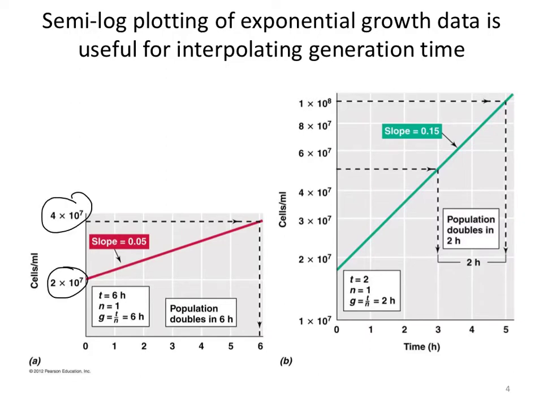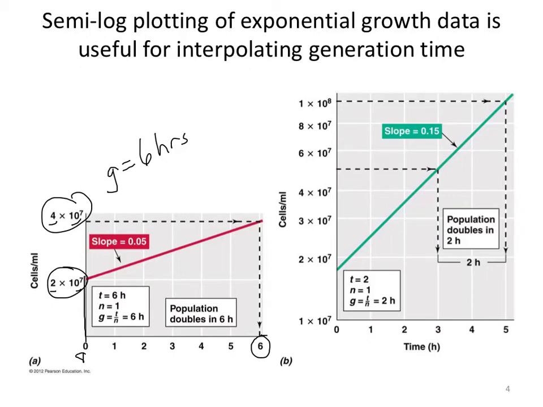Since they're both 10 to the 7, we can simply compare the number in front of them to go from 2 to 4 is a doubling. How long did this take? It took from time 0, this part of the graph, to time 6 hours. Therefore, the generation time for that particular organism under these conditions was 6 hours. Sometimes that might be expressed in minutes, then you would just multiply by 60.